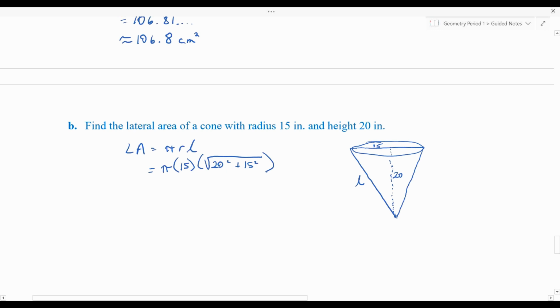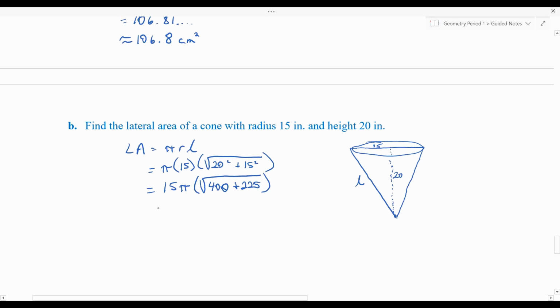All right, so we have that, and then 15 times pi is 15 pi, and then we have the square root of 20 squared is 400 plus 15 squared is 225. Close the parentheses.